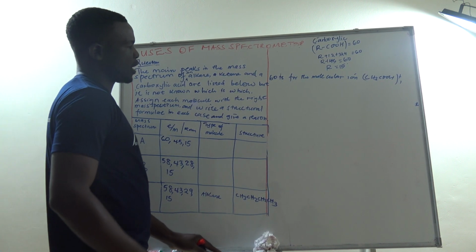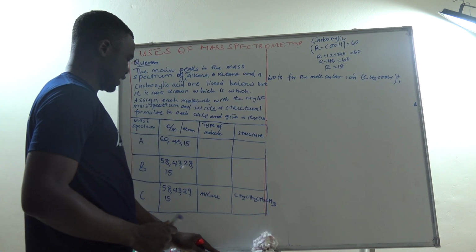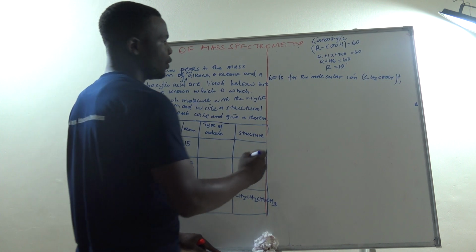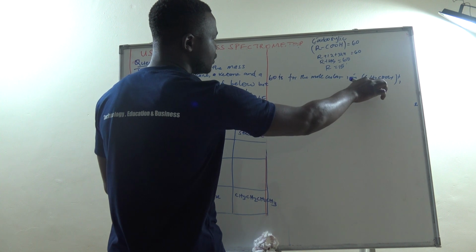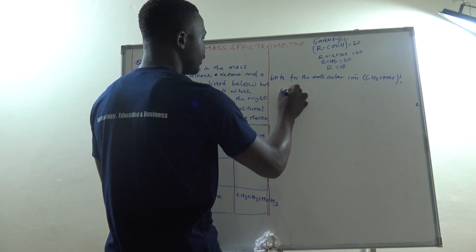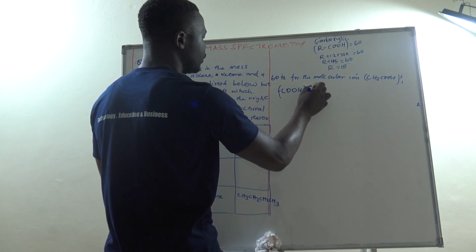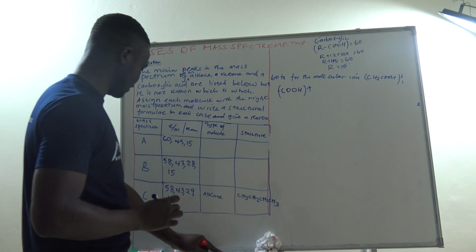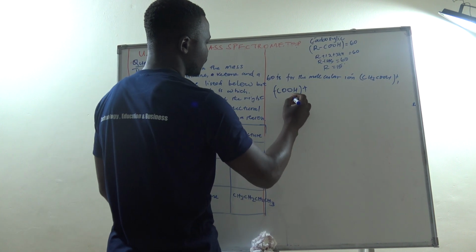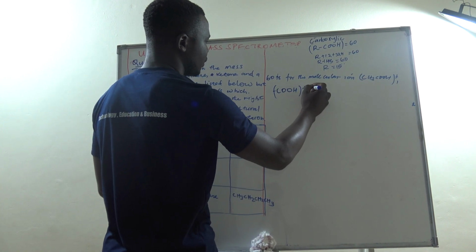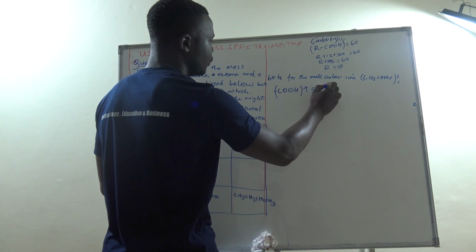Now, if we lose a methyl group and we remain with the carboxyl group, when we look at this, you realize that it corresponds to 45.